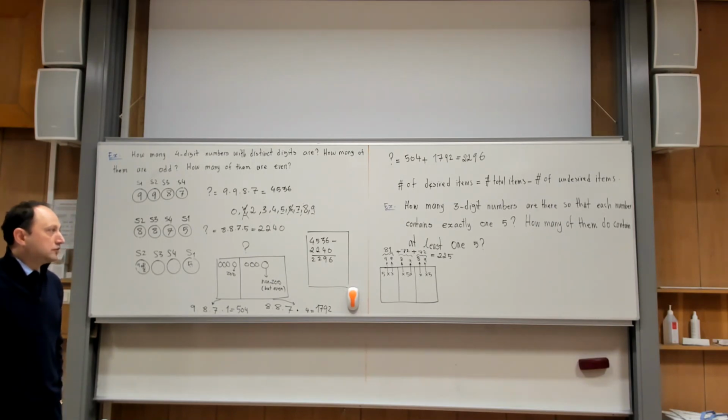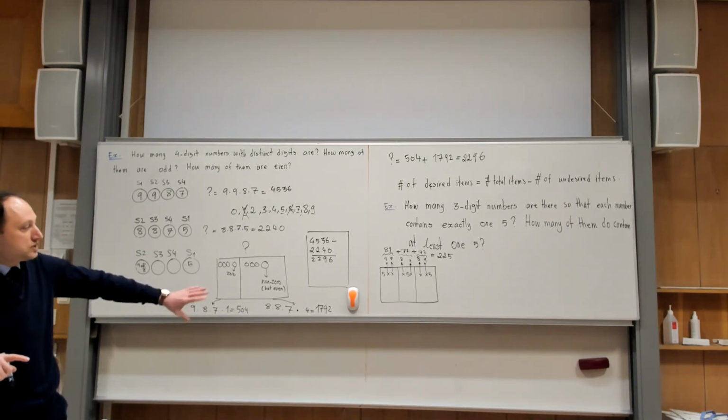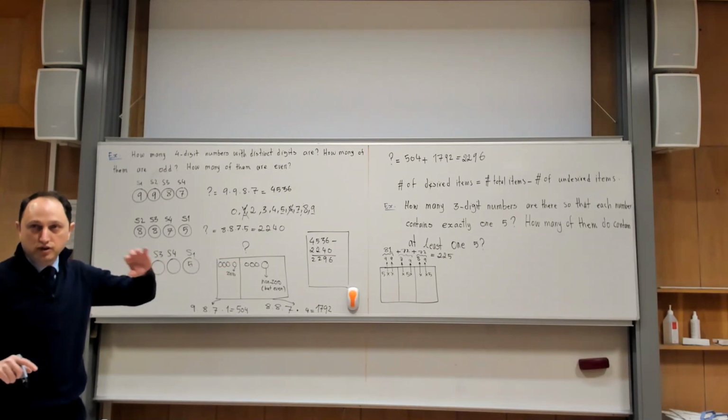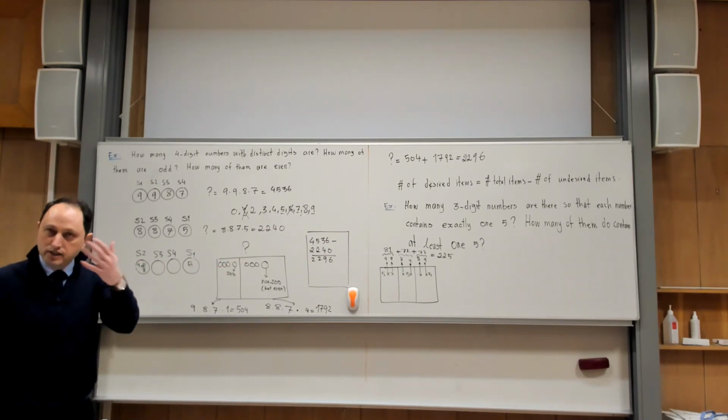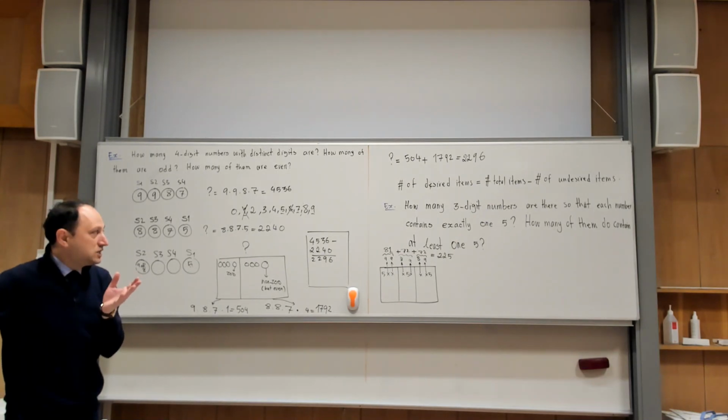Okay, how many of them do contain at least one 5? 252. I don't know. But that is the strategy, because I just want to tell you that if you want to use somehow the same ideas, you should consider quite a few cases. Yes, because you say at least one 5.